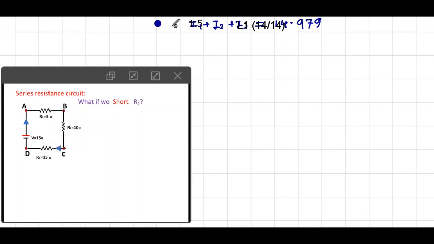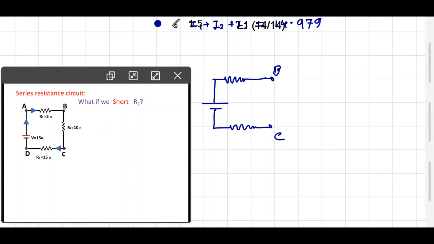But now, suppose this is the circuit, this is resistance R1, this is resistance R3, but between these two terminals B and C, it is shown a 10 ohm resistance. What if we short resistance R2? What is meant by short? Let us consider, this resistance is there.